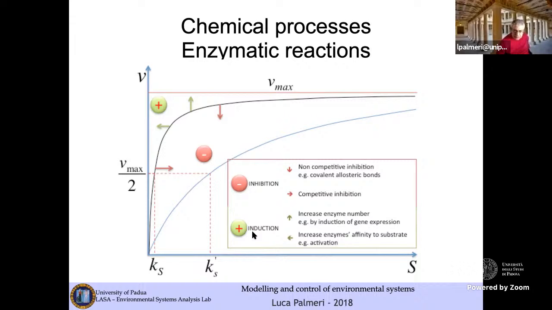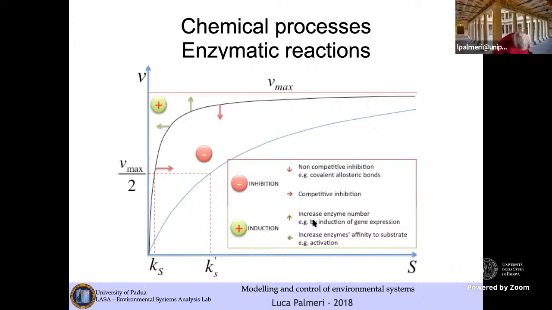By induction, we mean the effect of increasing the number of enzymes, or the concentration of the enzyme, for example by inducing gene expression of enzymes, or you may increase the enzyme's affinity to the substrate.